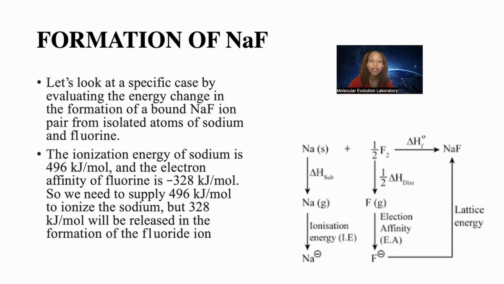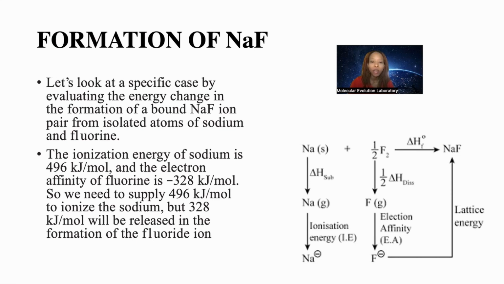Let's look at a specific case by evaluating the energy change in the formation of a sodium fluoride ion pair from isolated atoms of sodium and fluorine. The ionization energy for sodium is 496 kilojoules per mole. The electron affinity of fluorine is minus 328 kilojoules per mole.